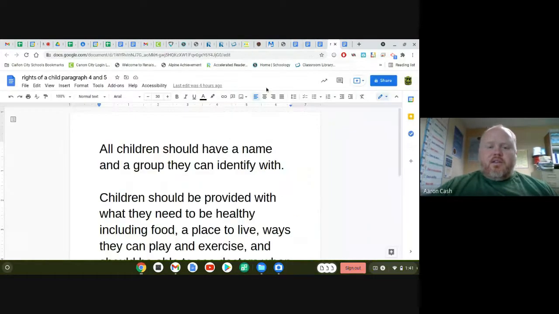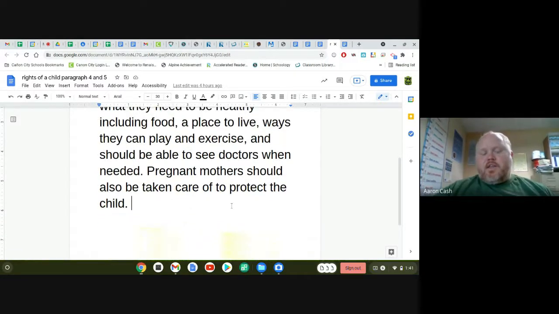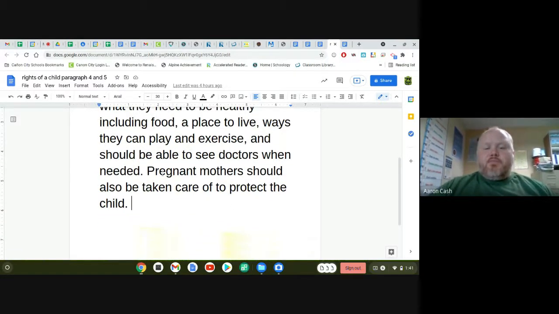So, if we take a look here, it's saying children should be provided what they need to be healthy, including food, a place to live, ways they can play and exercise, and they should be able to see doctors when they need to. Because we're protecting kids, we also need to protect pregnant mothers who are carrying the kids.